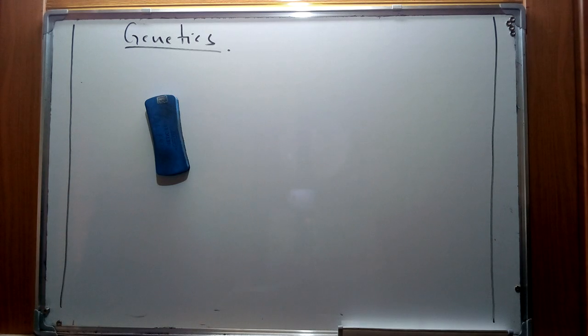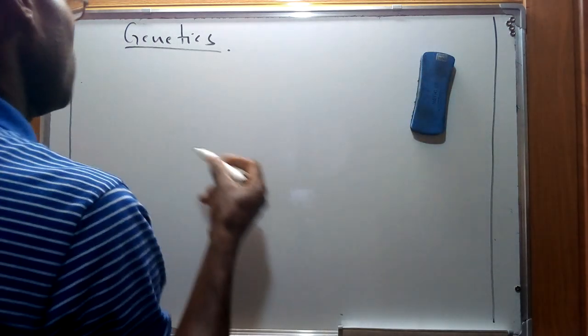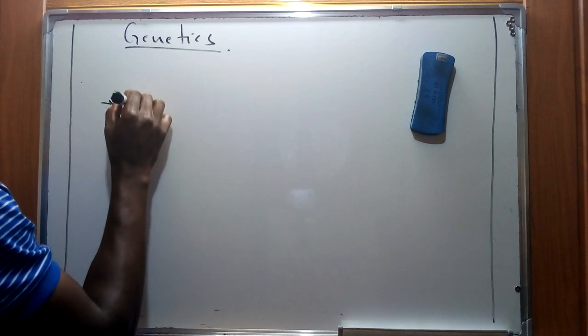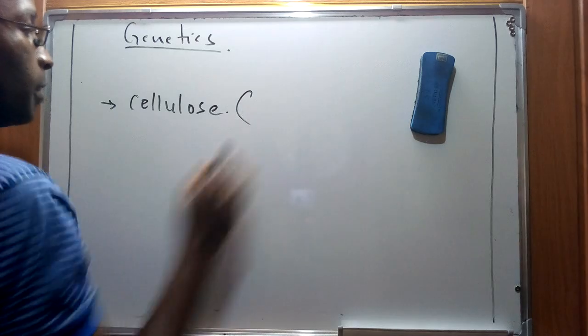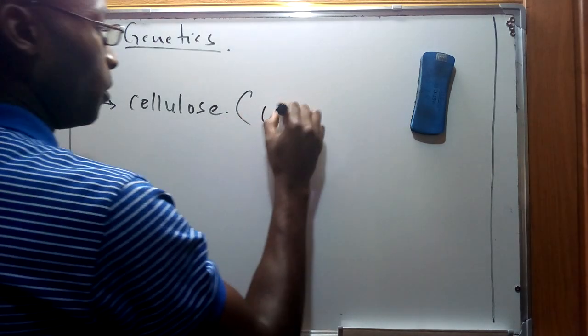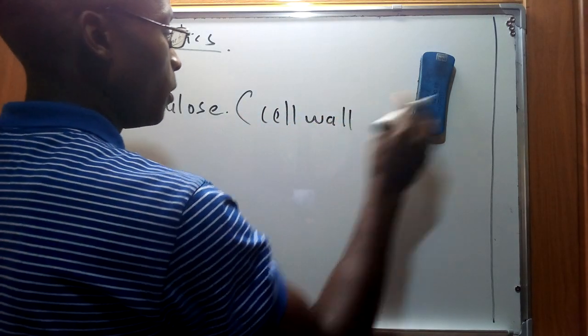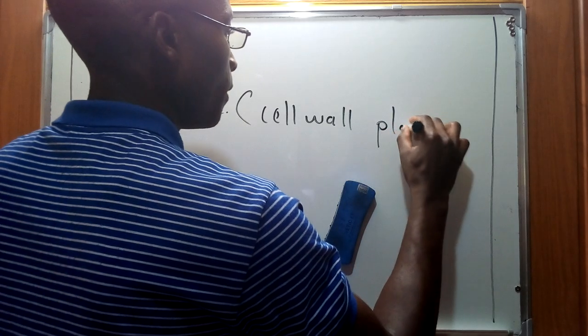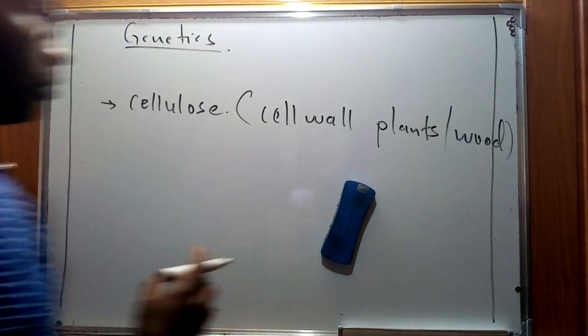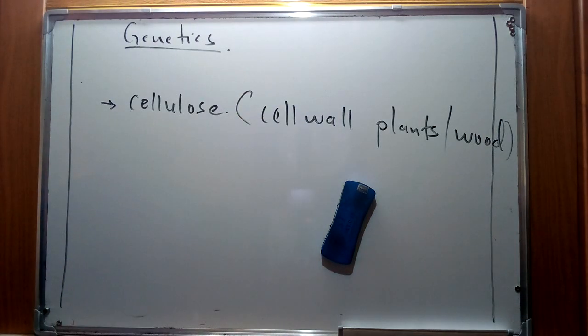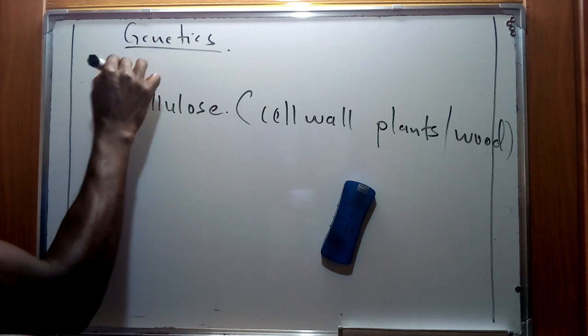And we said basically they are made up of cellulose and other materials, which is the cell wall of our plants, and which sometimes we can refer to as wood. This is just a broader definition of how we can interpret the concept of carbohydrates.